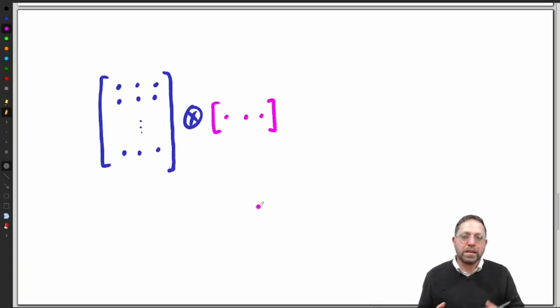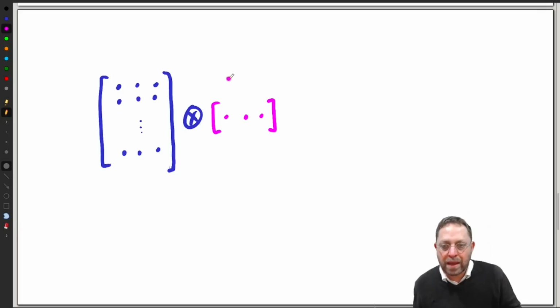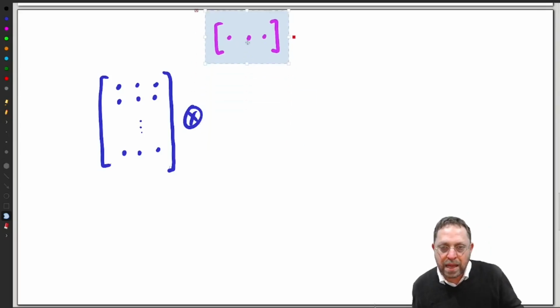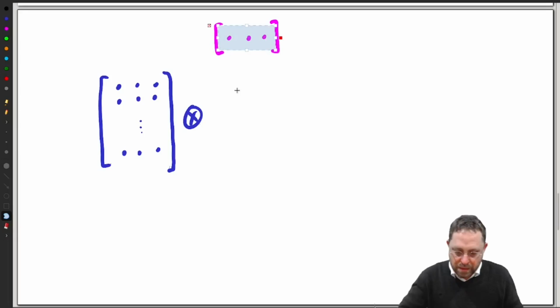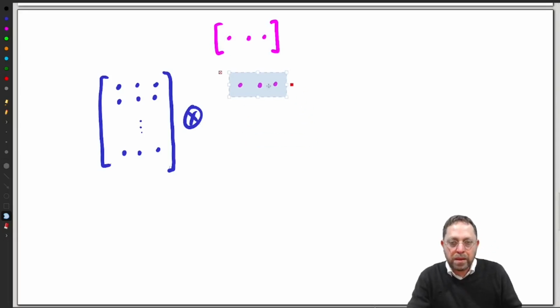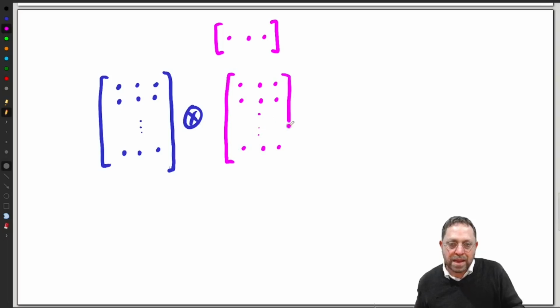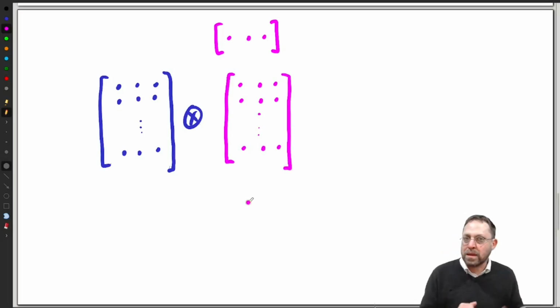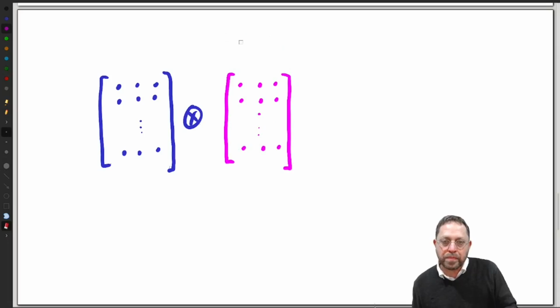So it will consult its rules, and it will find that in this case, it has to take the elements of this array and copy them once for every row in the other array. And so now it has two arrays of the same shape, and it performs the operation element-wise.